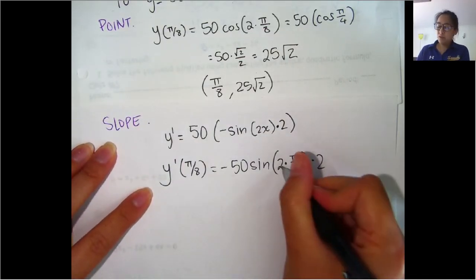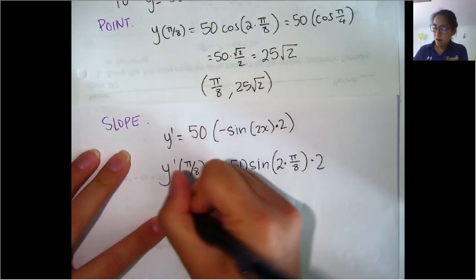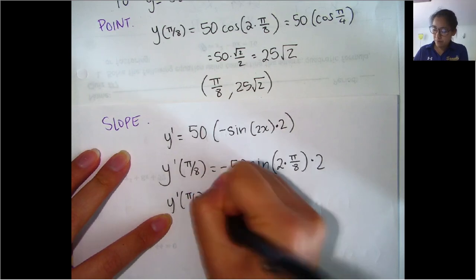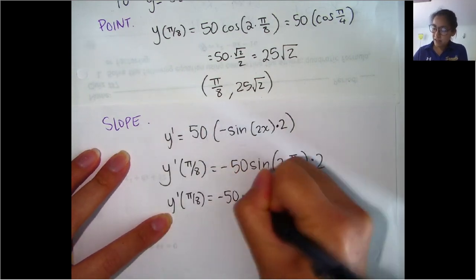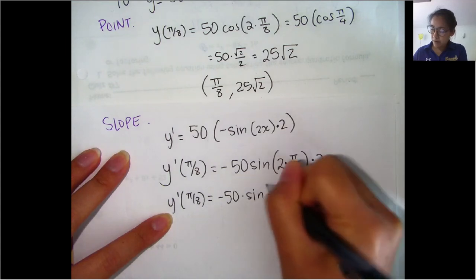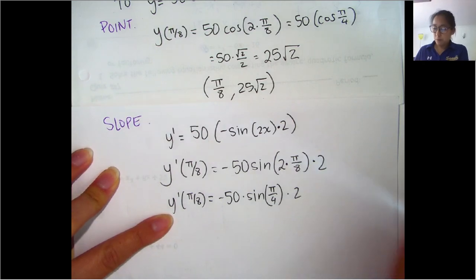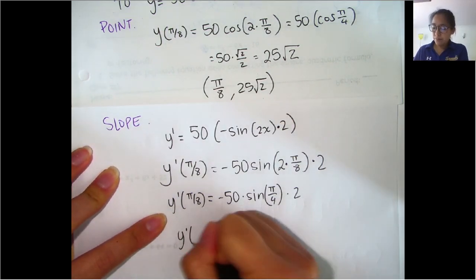All right, so 2 times pi over 8, as we said earlier, is the same as pi over 4. So we have y prime of pi over 8 equals negative 50 times sine of pi over 4, and then on the outside times 2. And sine of pi over 4 is root 2 over 2, so we simplify.